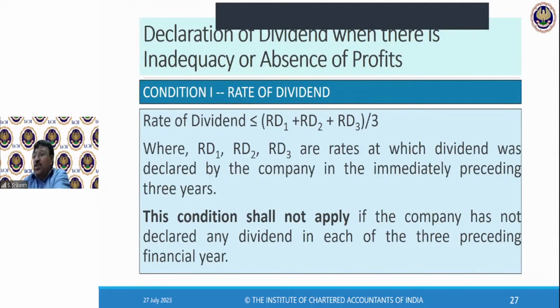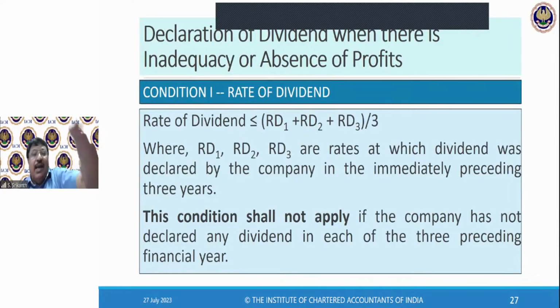Now you will ask me a question and rightly ask me, sir, suppose the company has not declared any dividend, then how will I calculate, sir? Then this condition shall not apply. Go to the next condition straight away. So if you have not declared dividend, that doesn't mean that you cannot declare now. You can. The rate condition won't apply to you. That's all. But if you have declared in the last 3 years, then average should be taken.